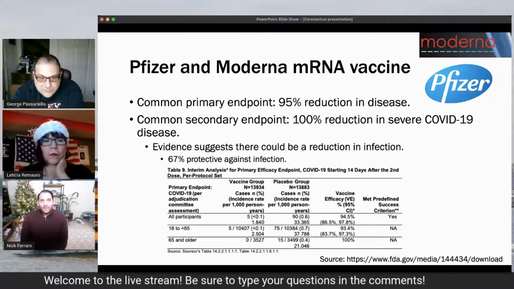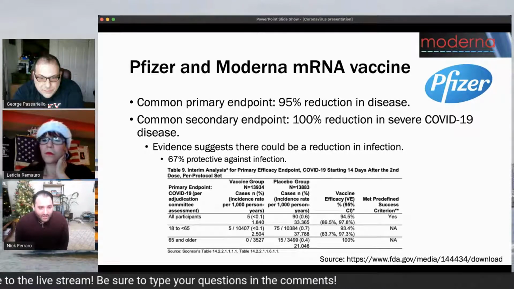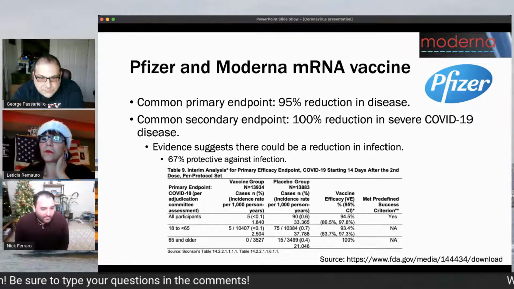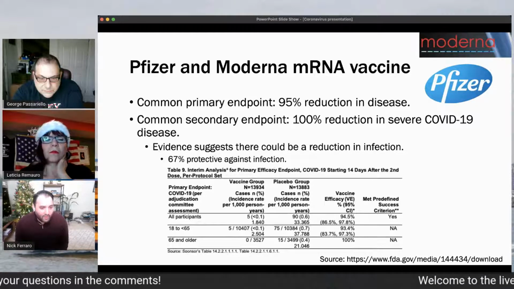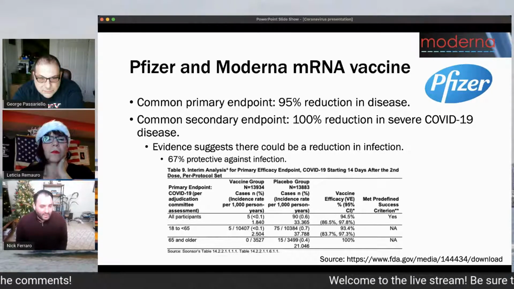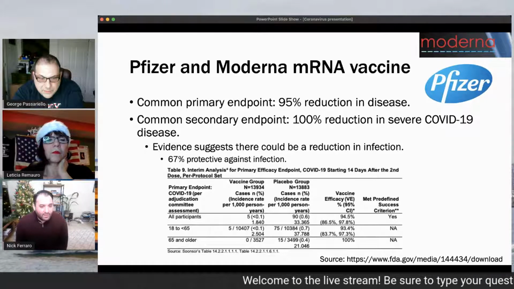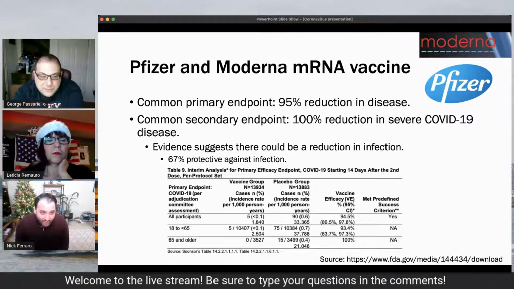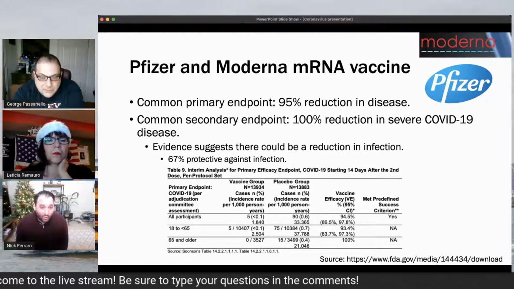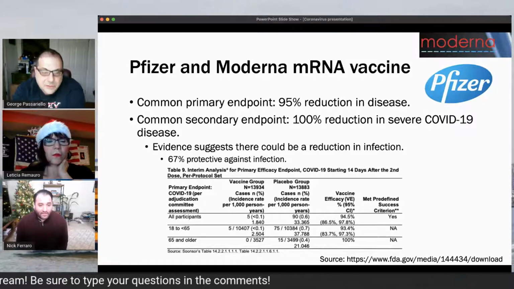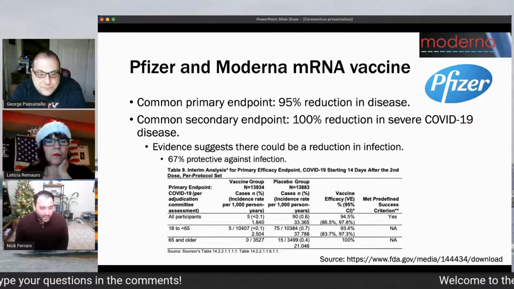So the thing is, this 67% is not enough to achieve herd immunity. So people could get the vaccine, get infected, and still transmit virus. They may not get that sick, or they may not be sick at all. But they still may have enough virus in them to transmit it.